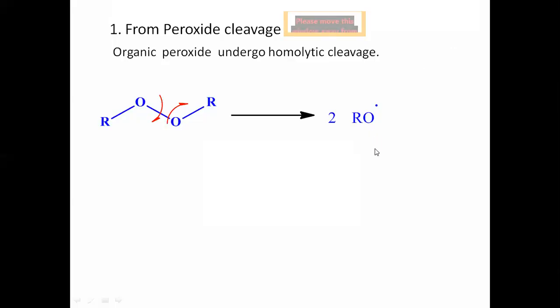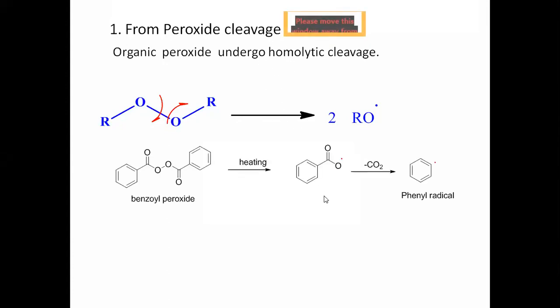So now, this is the generation of free radical from peroxide. Okay, an example is before you. This benzoyl peroxide is a highly valuable, most important chemical or peroxide we use in organic chemistry.